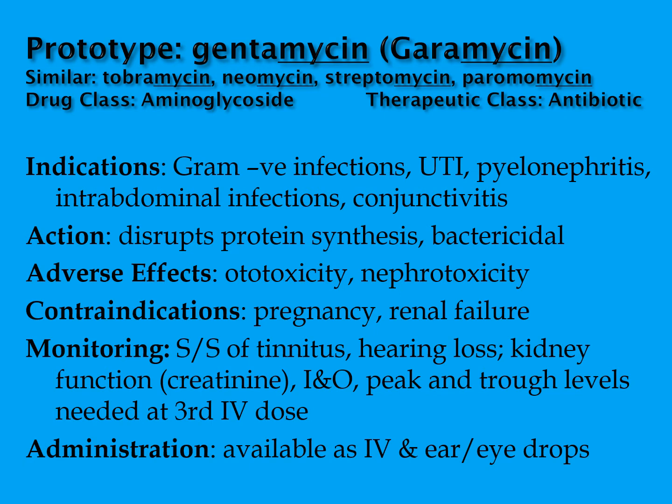And aminoglycosides would be in the same category, that they just don't get absorbed by the gastrointestinal tract. So by far we use them intramuscular or intravenously, and they're very effective for gram-negative bacteria.